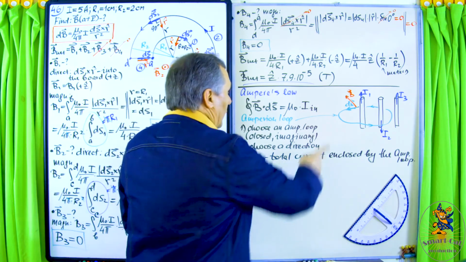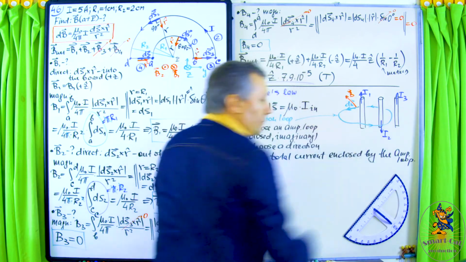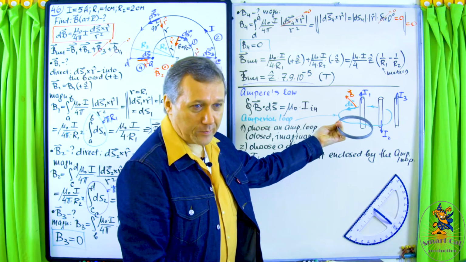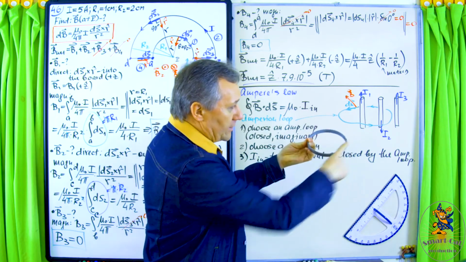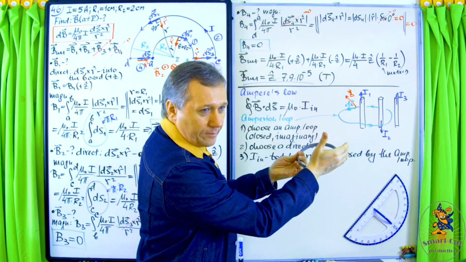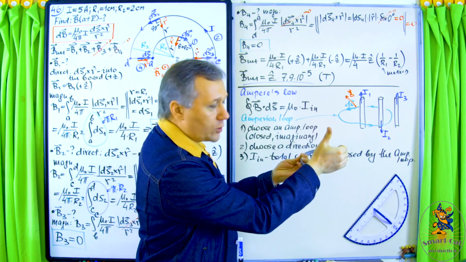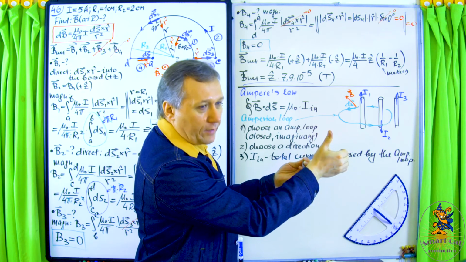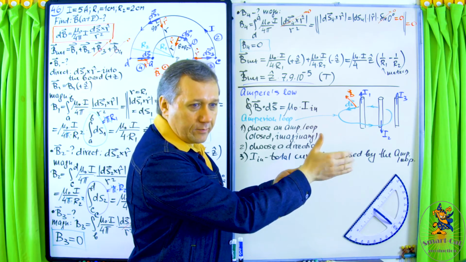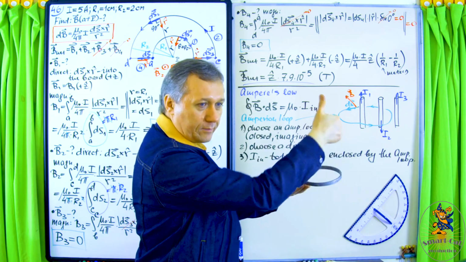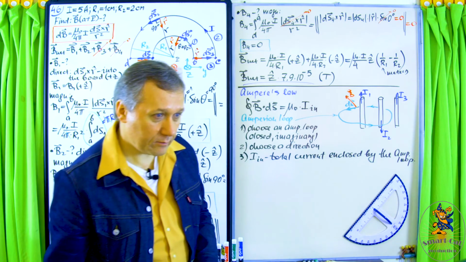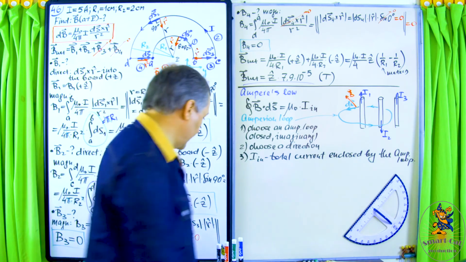So once you pick this direction of integration, let's say this is our direction, that way, curl your fingers in that direction, and your outstretched thumb gives you the direction for a positive current. Just curl your fingers and outstretch your thumb. So in this case, I1 is positive, I2 is negative.